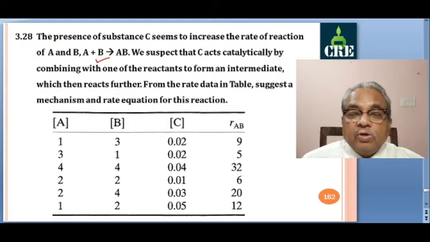From the data in the table, we have to find the rate equation. Suggesting the mechanism we will study later. A, B and C, square bracket is concentration. This is nothing but Ca, Cb, Cc. And this is RAB, rate of formation of product AB. So this data has been provided to us.